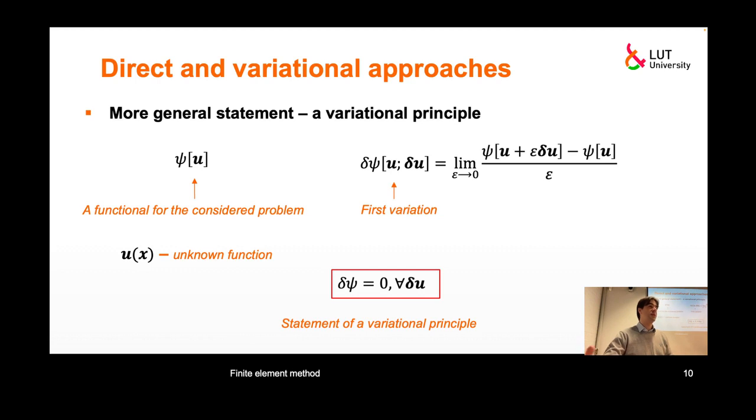That's basically the idea. So it's similar to derivatives, but with a little more in the statement. For any test function delta u, this first variation must be equal to 0. That's what I'm looking for: a displacement, or an unknown function u, that ensures this statement.